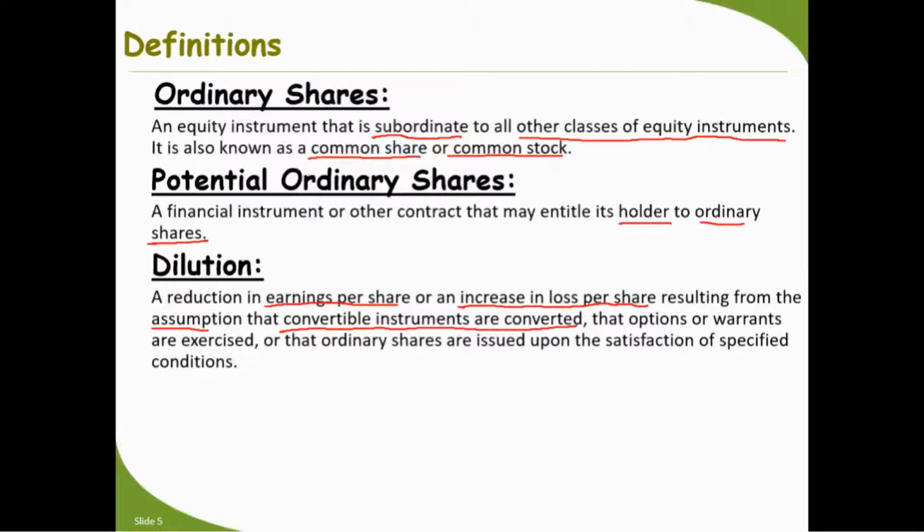If those convertible instruments are converted, or options or warrants are exercised, or the ordinary shares are issued upon the satisfaction of specified conditions. It means if in the future convertible instruments will be converted into ordinary shares, or options and warrants will be exercised, which will result in the issuance of further ordinary shares, or further ordinary shares will be issued upon satisfaction of certain conditions.